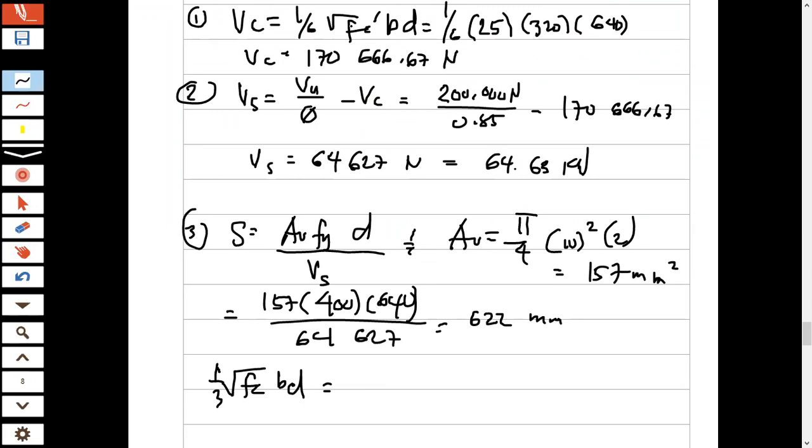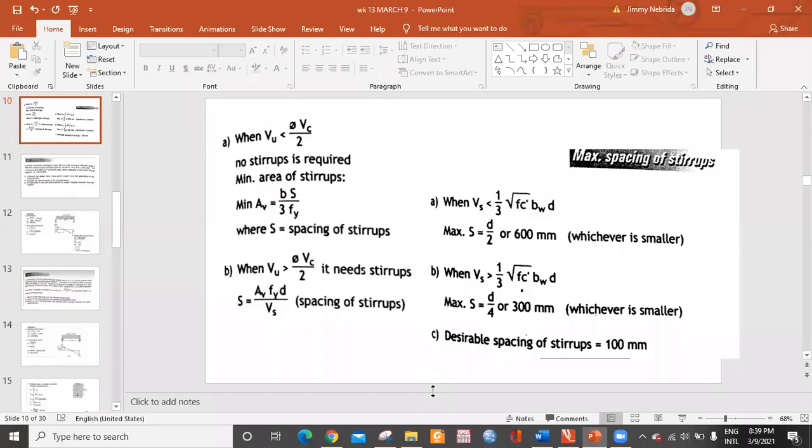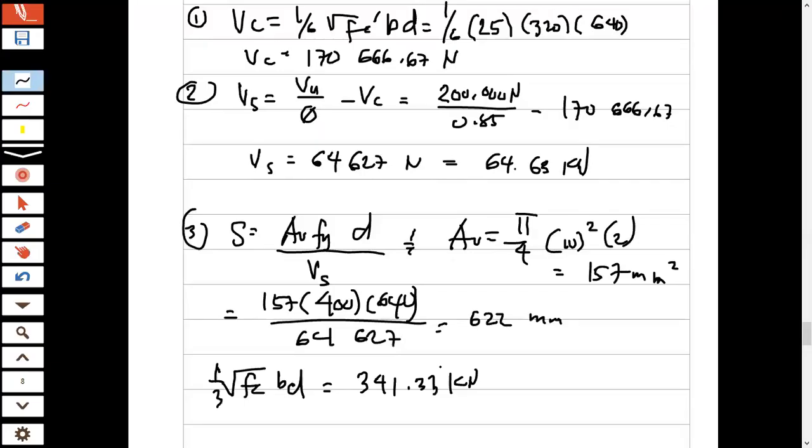This is 341.3 kilonewton. Anong sinasabi? When VS is less than this one, so ito, mas malaki ito sa VS.